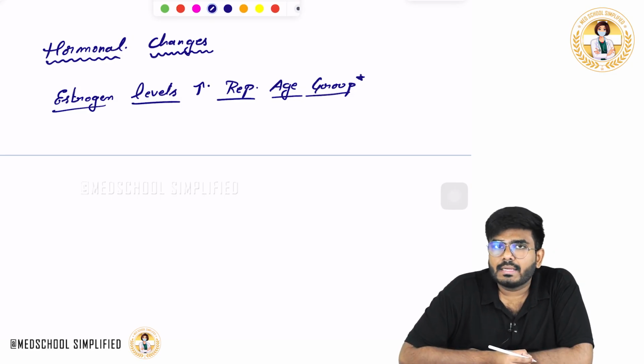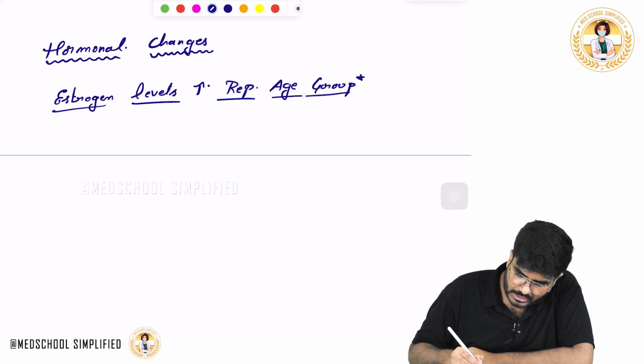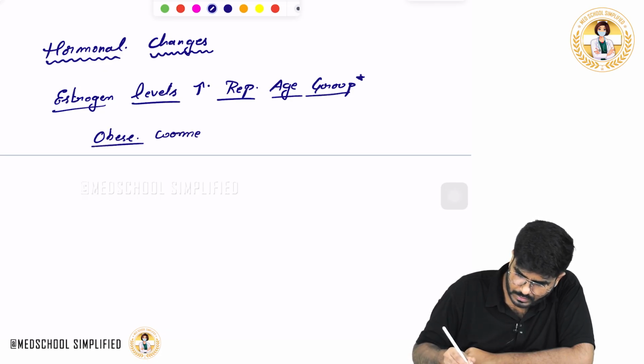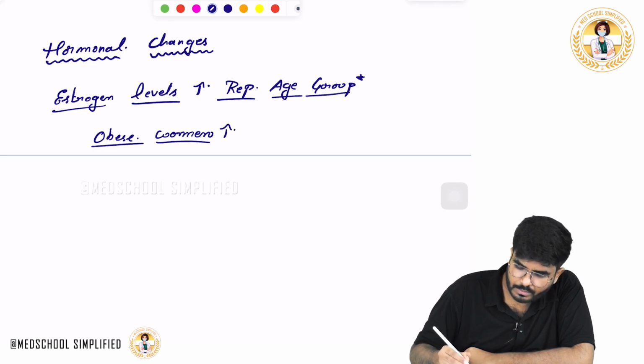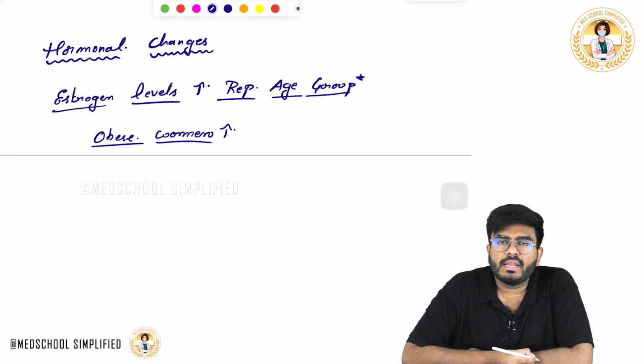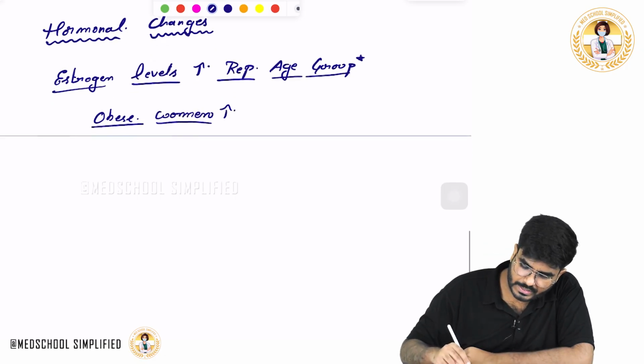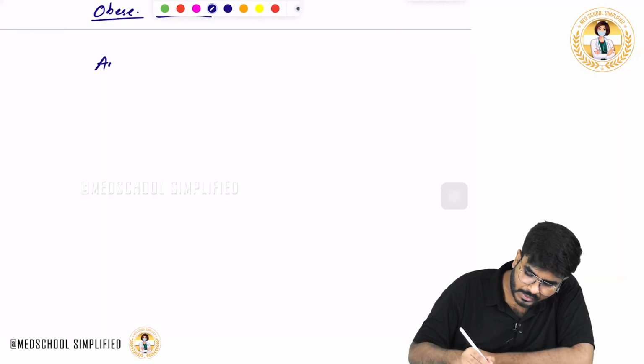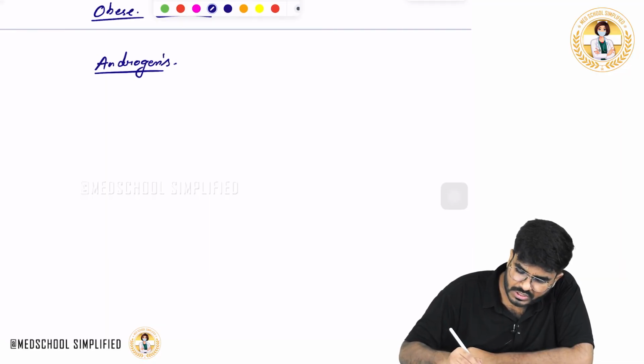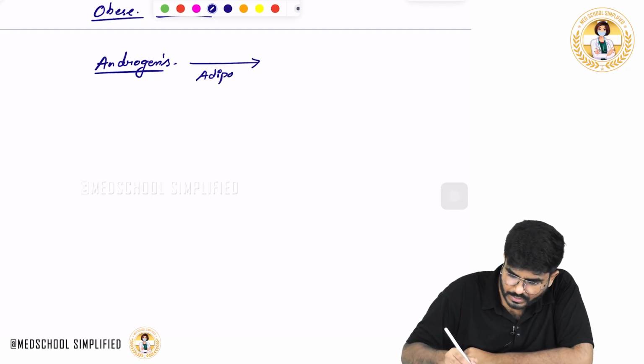It's not only that, in obese women, estrogen levels are going to be more. My question is why? Why is a female who is fat going to have more estrogen levels? Because in her body, whatever androgens are getting produced will come to the adipose tissue.